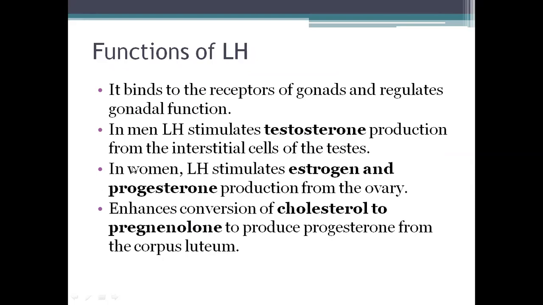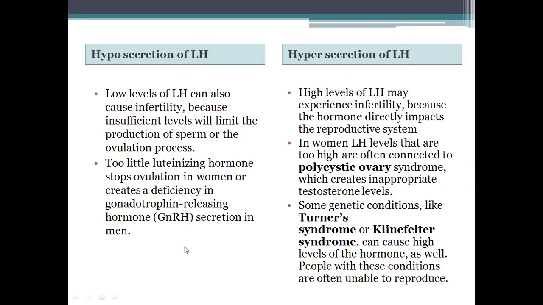And in women, it acts on the ovaries, stimulating them to produce estrogen and progesterone. In fact, it is a very essential hormone for the maintenance of the luteal phase and corpus luteum. LH also enhances the conversion of cholesterol to pregnenolone, an important compound to produce the steroid hormones.